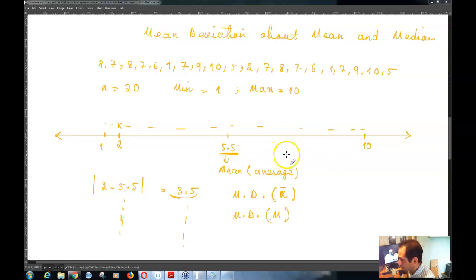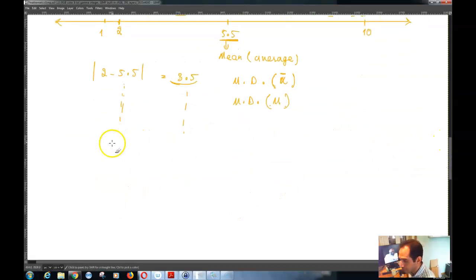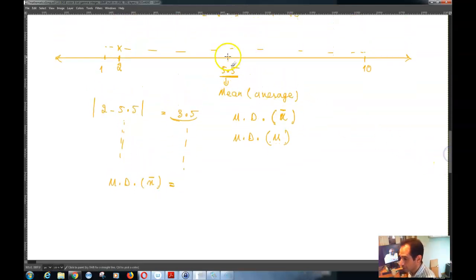the mean deviation about, for example, about the mean of all of these numbers, so the mean deviation about the mean is the same thing as, basically you have to find all the distances between some x bar and some other observation.